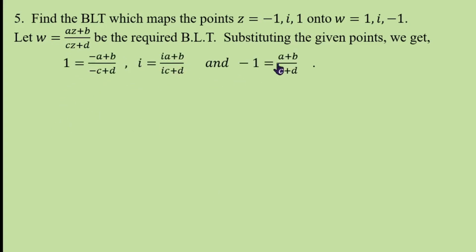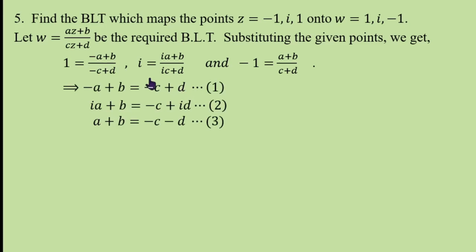Now from these three equations, to find A, B, C, we can write minus A plus B is equal to minus C plus D. iA plus B is i square C, that is minus C plus iD.